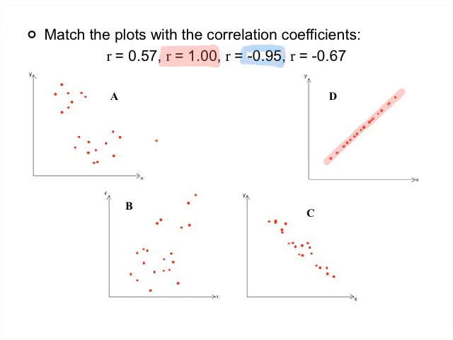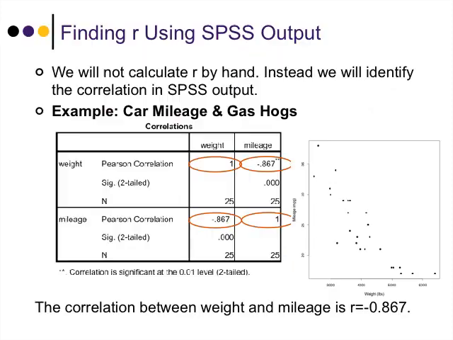You could see this is very close to 1, so it's probably this one here. Here you have a negative relationship, not close to 0, but not close to 1 either. It's probably going to be this one here. And finally, you have something that's not close to 1, not close to 0, reasonably good but not great, and it's probably going to be this one here.